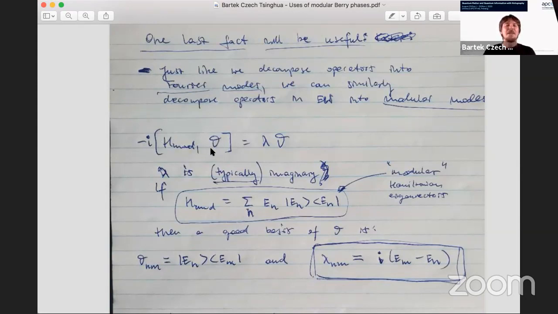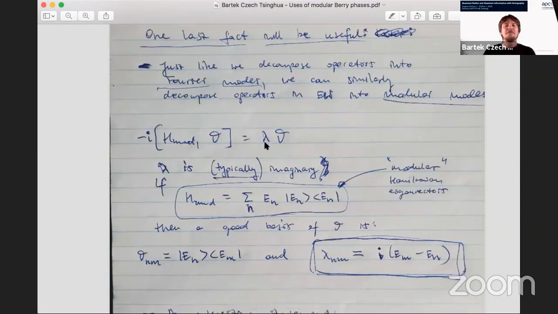Namely, if I time evolve the operator with H mod by some infinitesimal time, that's what's given by minus i commutator of H and O, then I get the same O with some eigenvalue. And that eigenvalue is what we would call the modular frequency of that component of the operator, of this basis operator. This lambda here in this equation is typically imaginary.